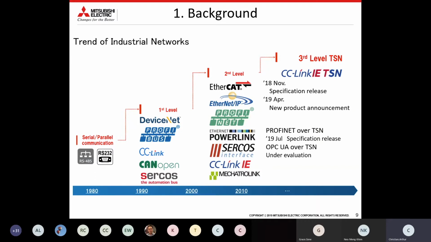Basically, the specification was released in November, but the actual product adopting the TSN technology, which is CC-Link IE TSN, was announced in April 2019. So this is a new product, but we can say we, Mitsubishi Electric, are the first having a product ready with CC-Link IE TSN, adopting the TSN technology.